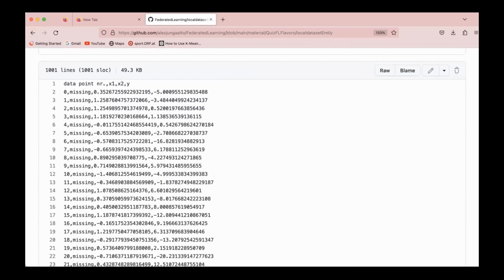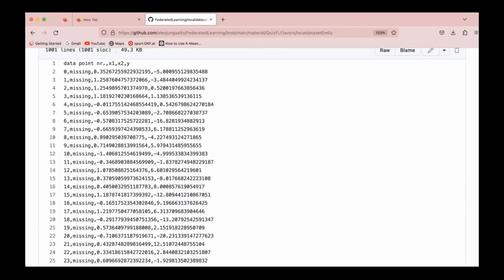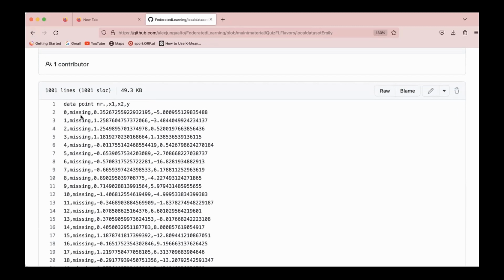And you will find out that this results in a better performance than just ignoring the missing feature and saying, okay, I don't have any access to X1, so I kick it out of my model and I only use feature X2 and train a linear regression model that only uses X2. You can try that out, by the way.